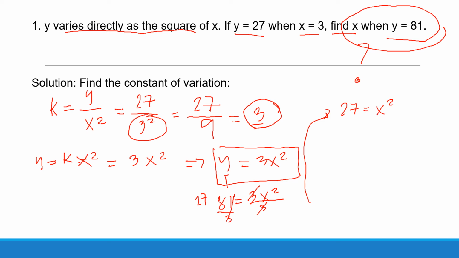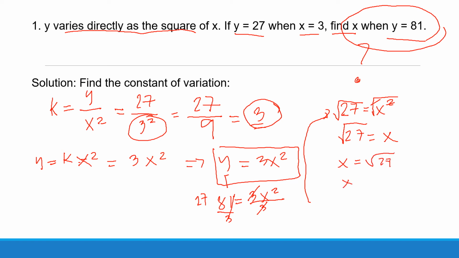Remember, we need to take the square root of both sides to remove the square from x squared. It cancels, so what remains is the square root of 27 equals x, or x equals square root of 27.